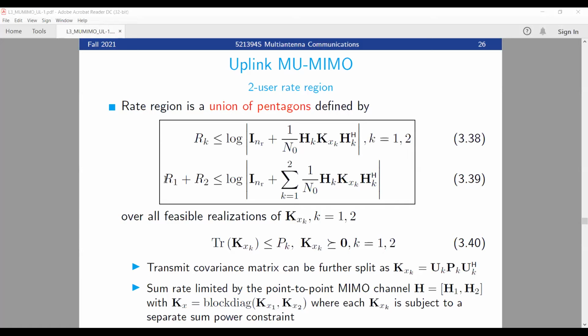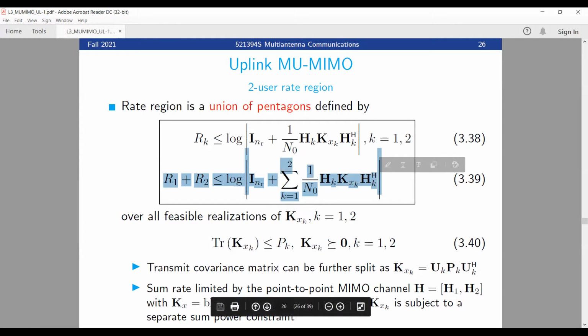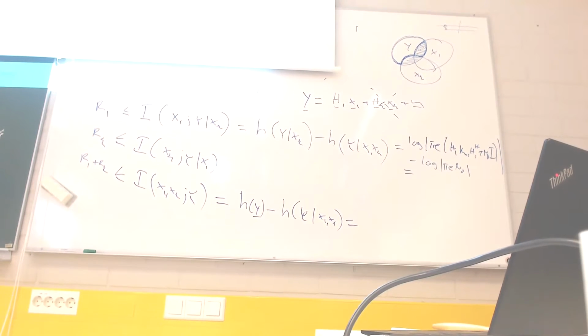All right, so this is for any given transmit covariance matrix. You can see that the shape of the pentagon, as we will see in the following slides, depends on the actual Kx. So the rate region, again, is a union of all these pentagons.